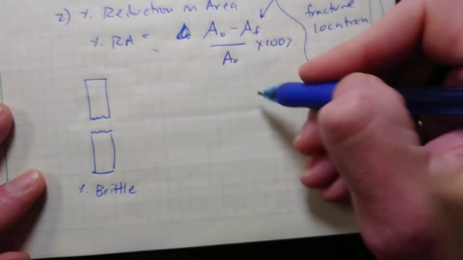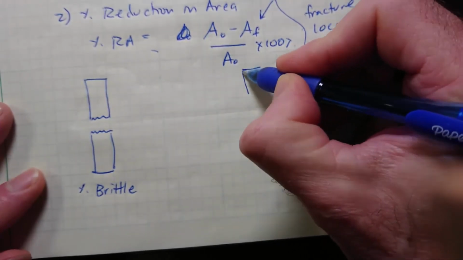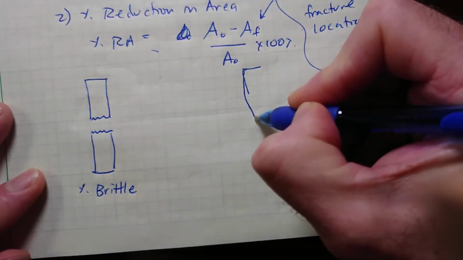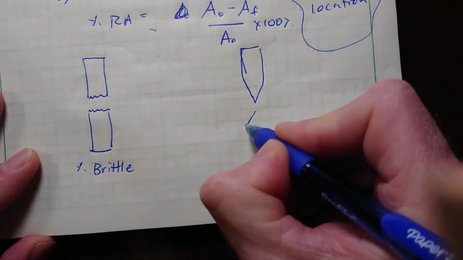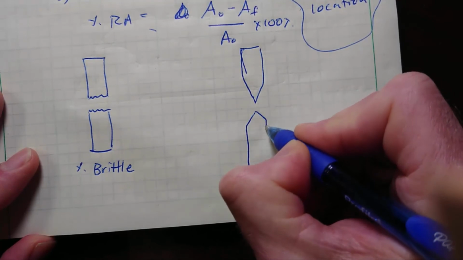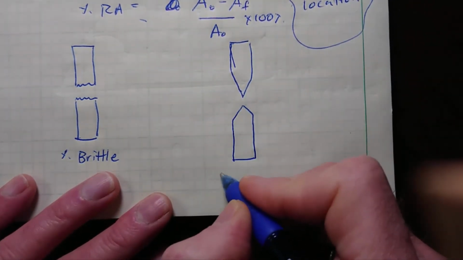I'm going to leave a space right here, and over here, a sample that necks down to a point would be 100% ductile.